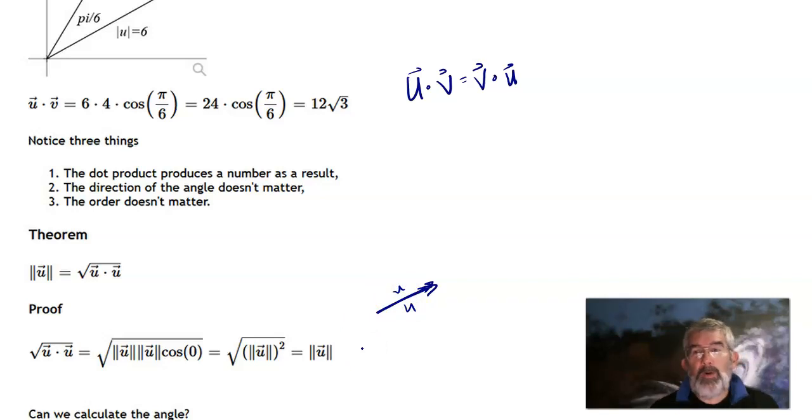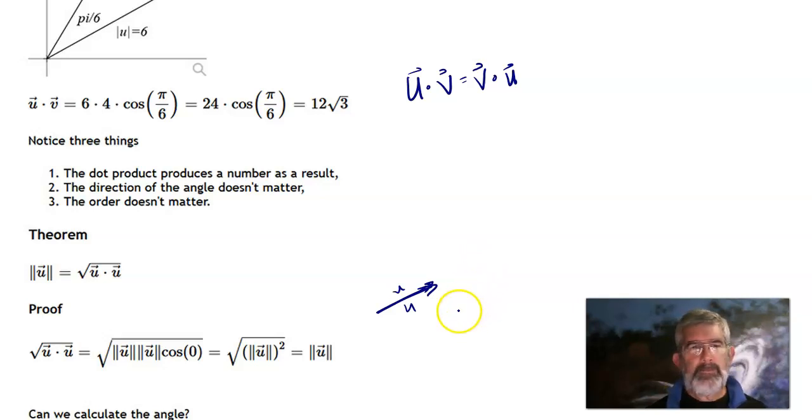Well, it's 0. And the cosine of 0 is 1. So the length of u times the length of u is just the length of u squared, and I'm taking the square root of that, and I get the length of u. Now you might wonder, shouldn't I have the absolute value of the length of u? But the length of u is a positive number, so square it and square root it, you do get back exactly the same thing. I don't need to say absolute value.